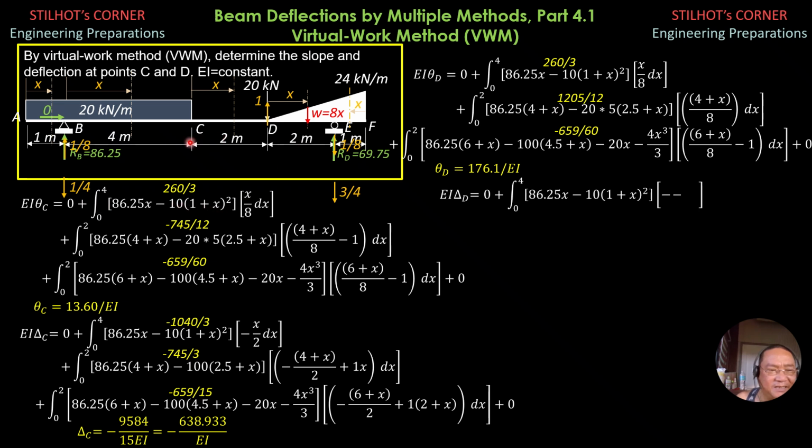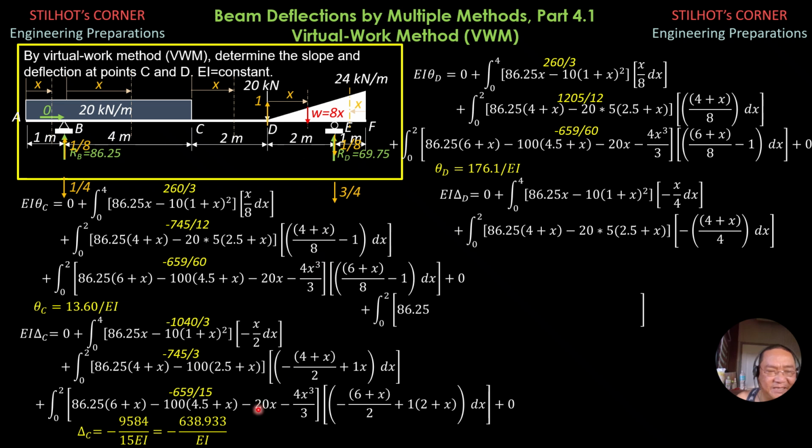Then the moment due to the unit load is negative 1/4 x this time for the second term. So copy this. Then the moment at this section is negative 1/4 of 4 plus x dx. Then for the last section, copy 0 to 2. Then the small m would be negative 1/4 of 6 plus x, then plus 1 times x dx.